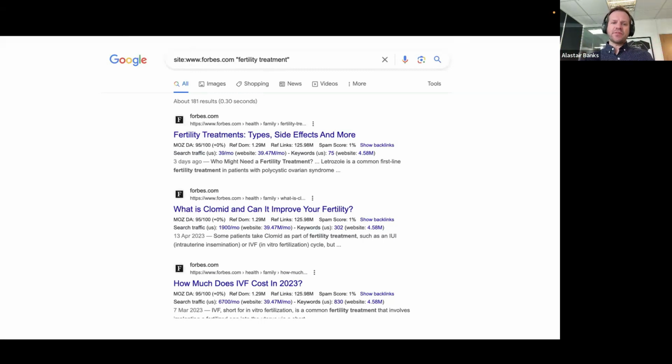So you would probably be looking to search within websites that are much more specific to your technology or your research. But this is more about the process of what you can do. And you can see here there were 181 results within Forbes.